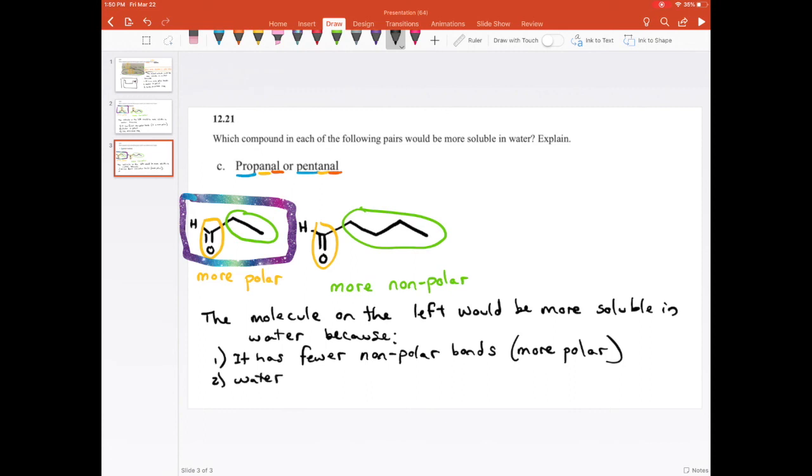Water is polar, and like dissolves like. You want to make sure your explanation included all 3 of those things.